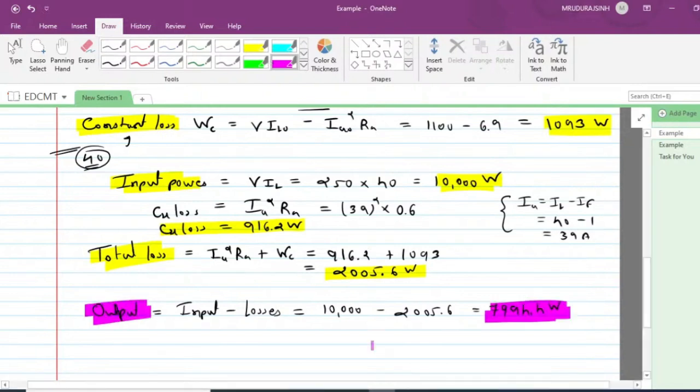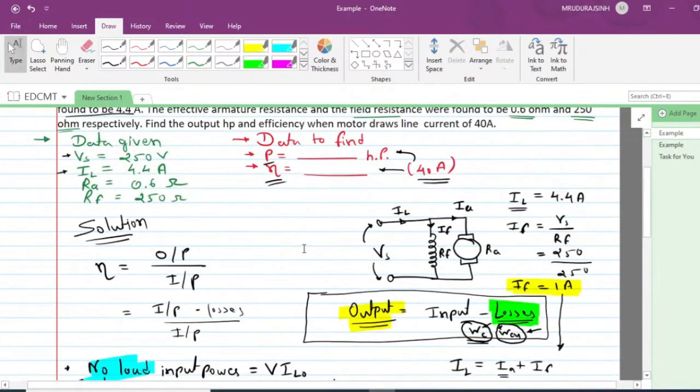So this is the first finding, right? Output. But this is not the exact first finding, because we need to calculate this output in HP.